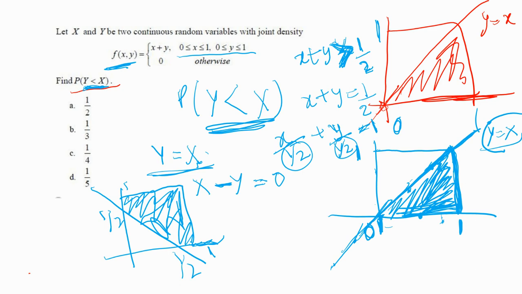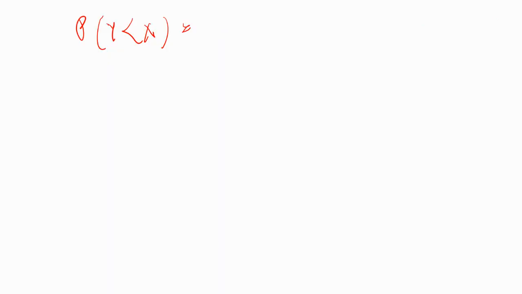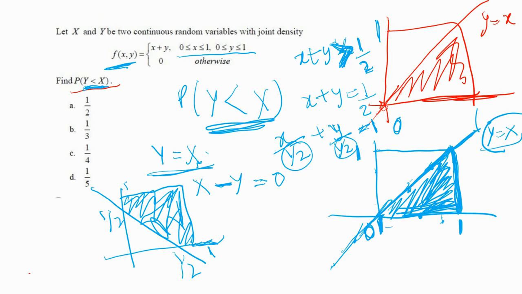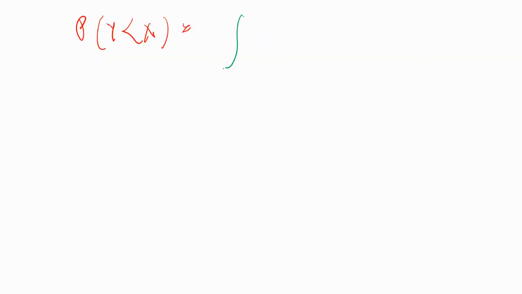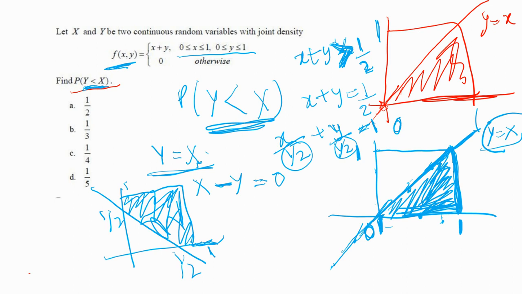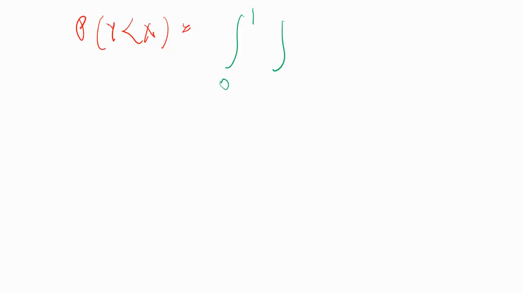The region will be, firstly, for x, I'm taking it as 0 to 1, and for y, the below one is y is equal to x, and the above portion is y is equal to 1.